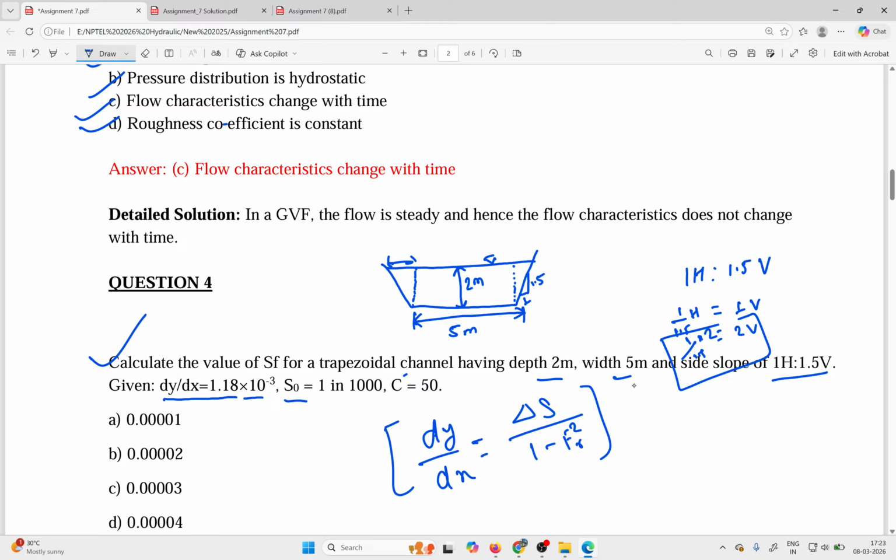So it is coming around 1 divided by 1.5 into 2, this much is your horizontal distance. After the calculation, you can put it here, and now the calculation is very easy.